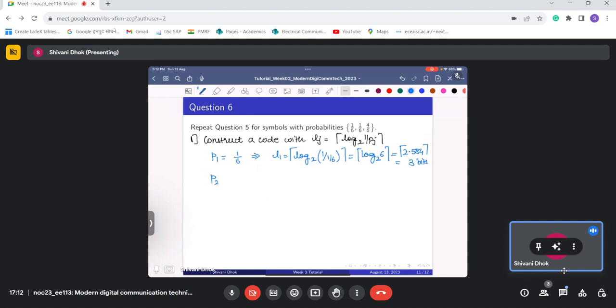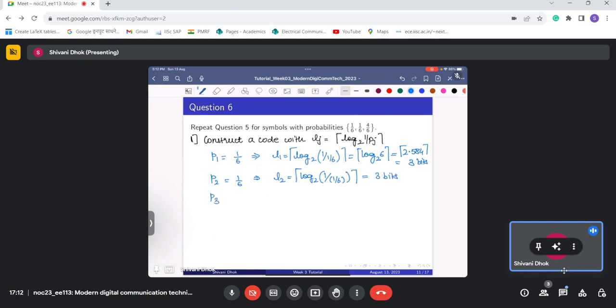Then P2 is again 1 by 6, which means that this L2, which is log to the base 2 1 divided by 1 by 6, is again 3 bits.